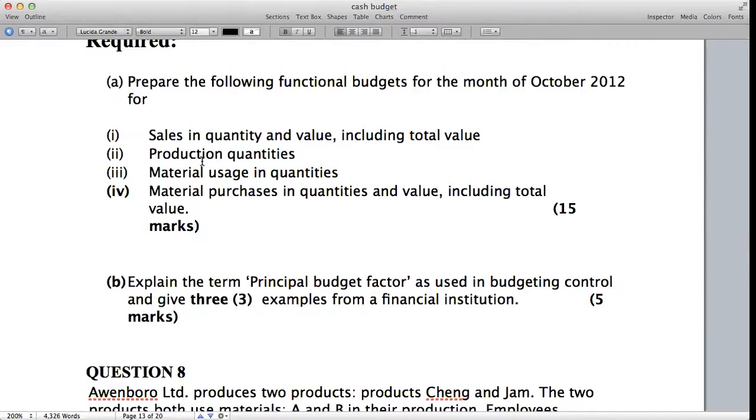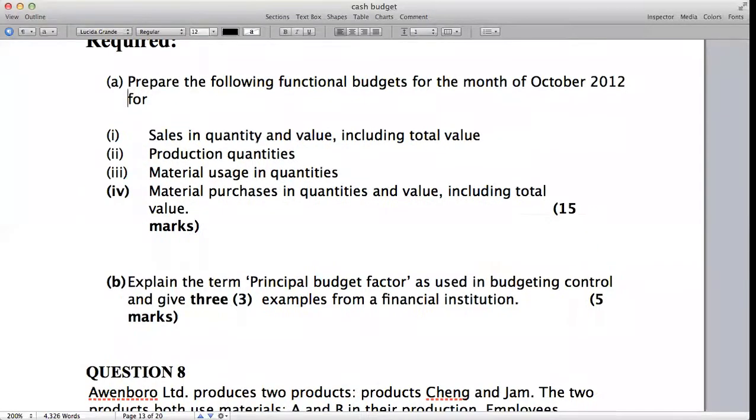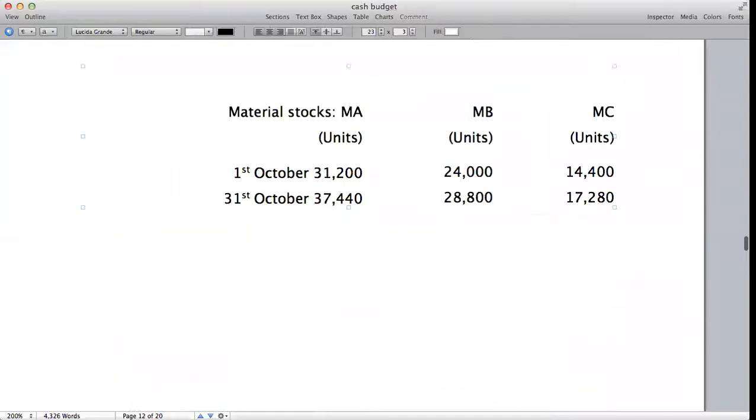I think this one we looked at last Saturday, so you're fine. So I'm solving this for you, then we are done. Then we'll see if we can go ahead and solve question 8. That one is your exam pass question. So let's go to the starting point of the question.